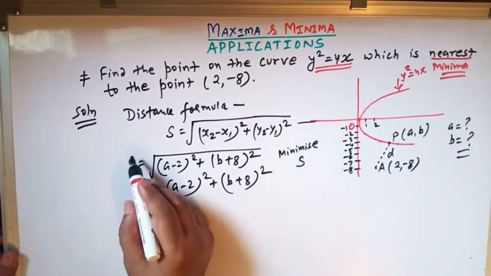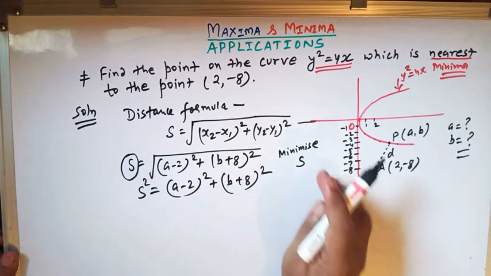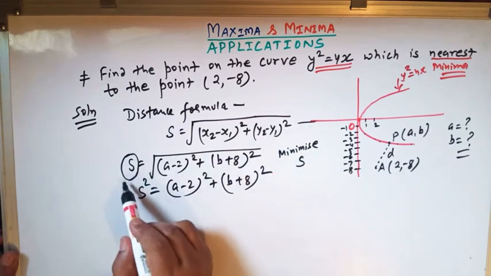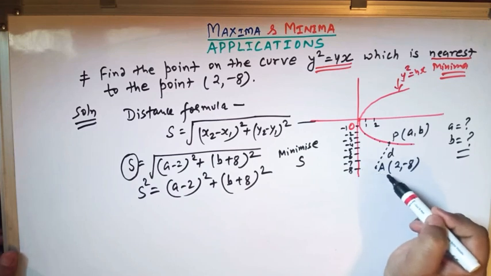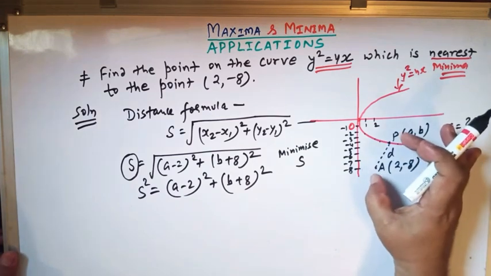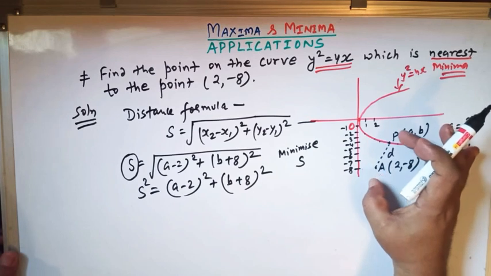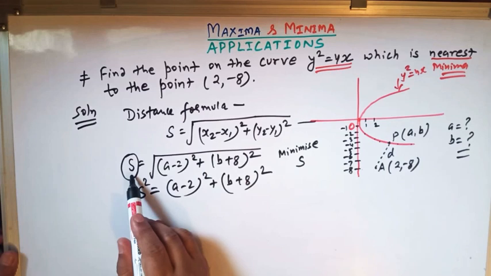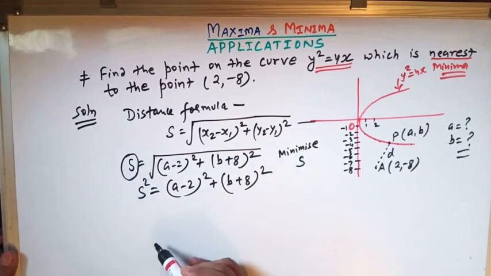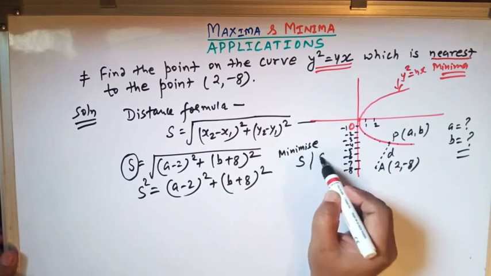Clear? So this distance has to be minimized. We have to find the nearest point to this point so that this distance is minimum, and the distance between P and A is given by s. So we have to minimize s, or s square.